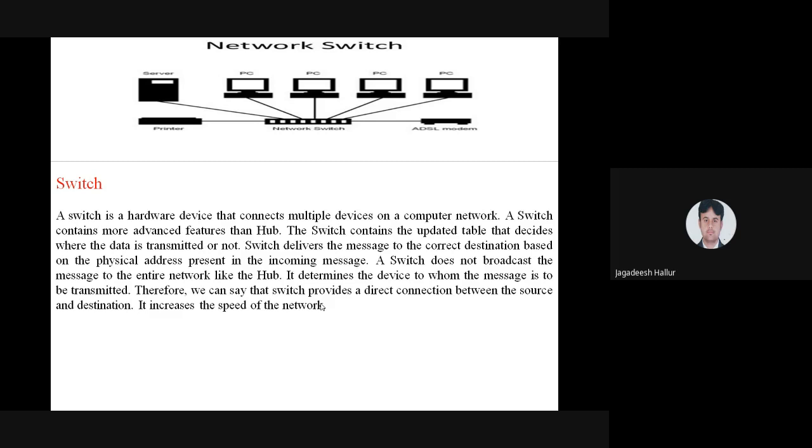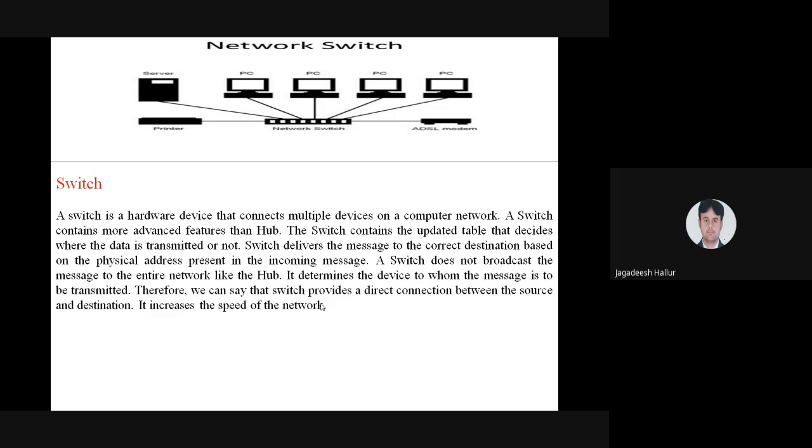At the initial stage, whatever the data is, that data is broadcast to all the computers. The switch is going to maintain the memory. Port number 1, PC1 is connected. Port number 3, PC3 is connected.